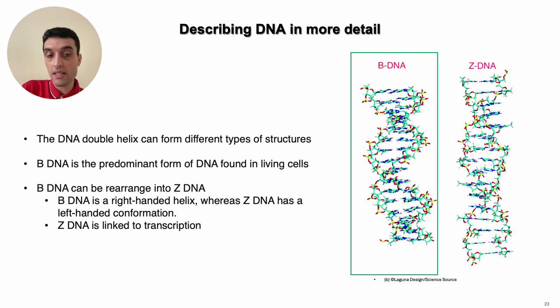The Z-DNA is linked to transcription. So when it's forming an RNA sequence, they twist to the other side. When they're not, they twist to the B-DNA side. That's how that goes.